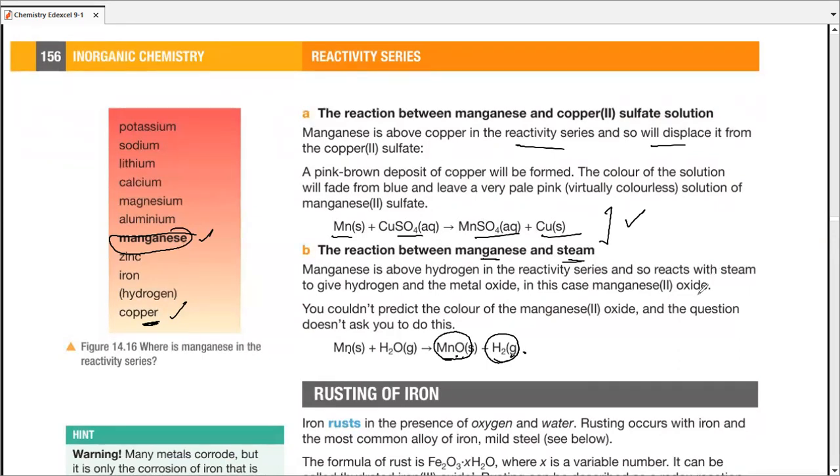And since we are putting it right below magnesium, with a difference of one or two elements, it won't react with cold water, but it would definitely react with steam. Hence the reaction possibility as well as the product. So from the position, we can predict the properties, or from the properties, we can predict the position.